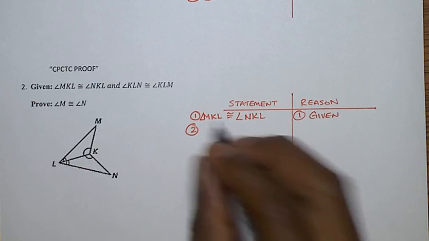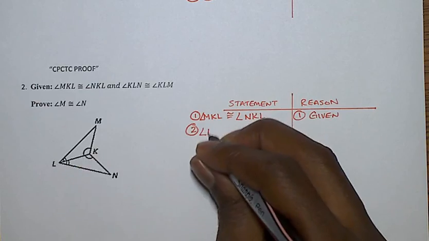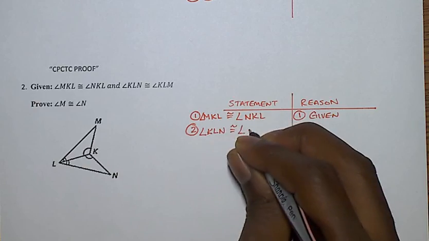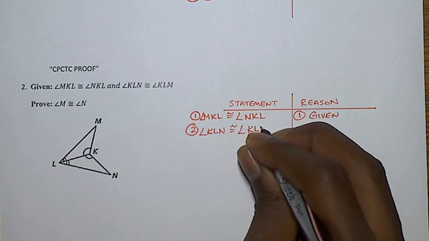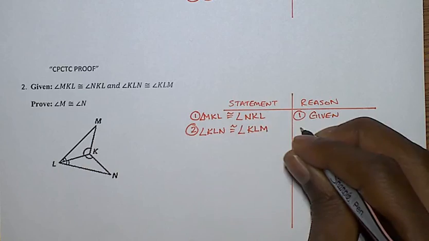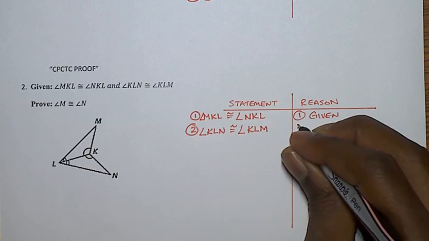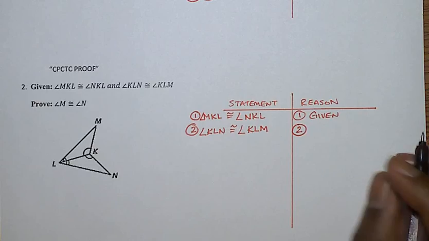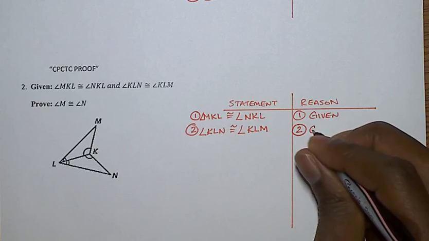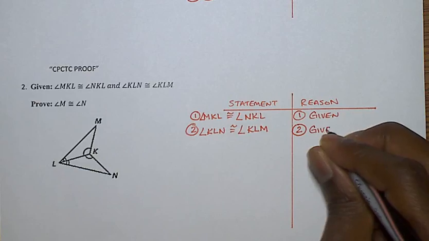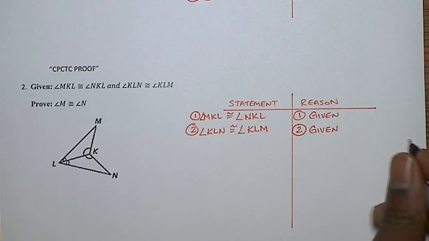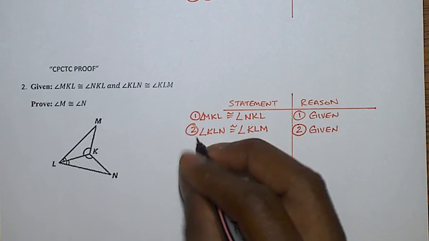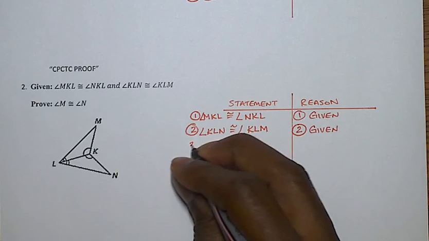Two, they told us that angle KLN is congruent to angle KLM. Hope I'm pronouncing these easy enough for you guys who are looking down at the same time. And that's also given. Those are our two given statements.